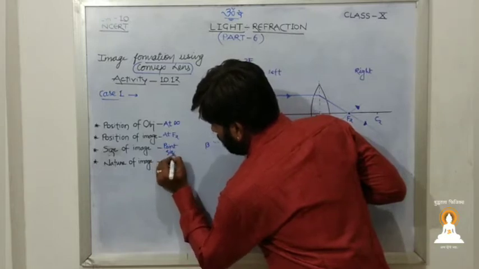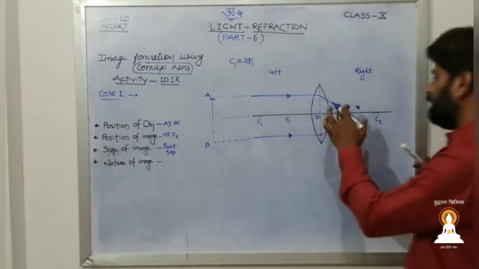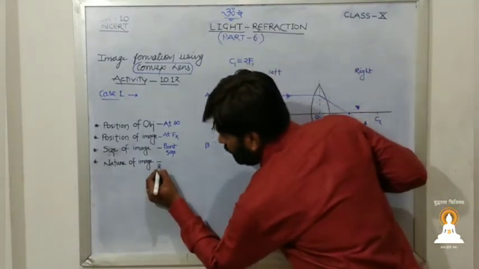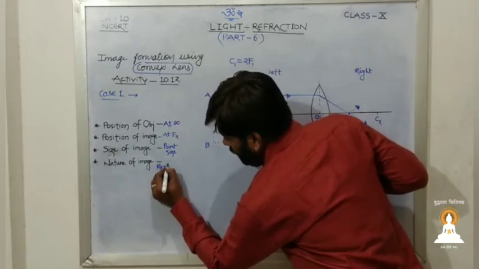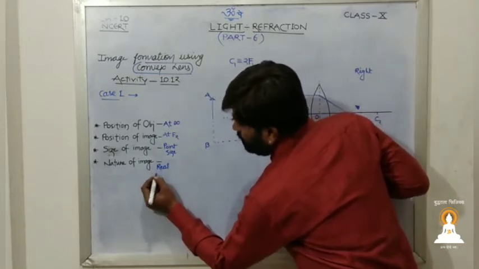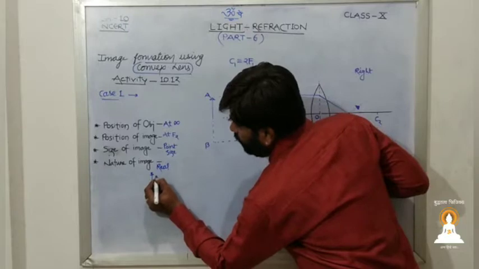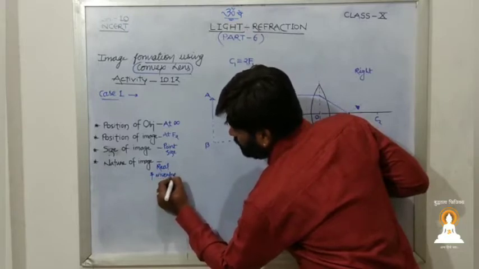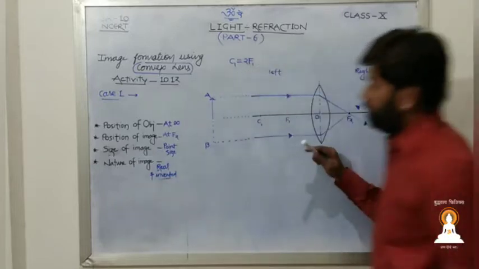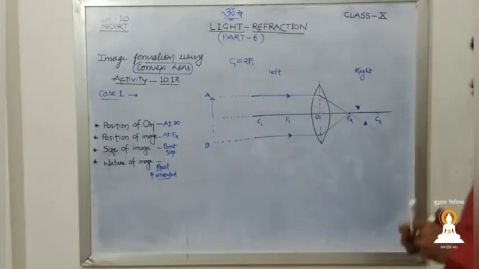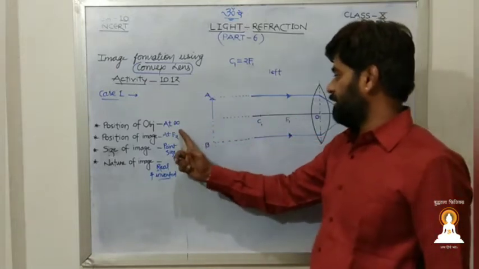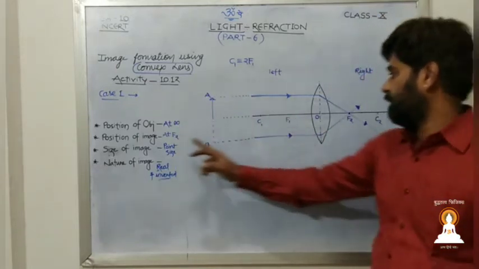As the rays are actually meeting, we may say that the image will be real. And as we already discussed, the image which is real will always be inverted. So this is case 1, in which the object was at infinity and we got the image at F2.